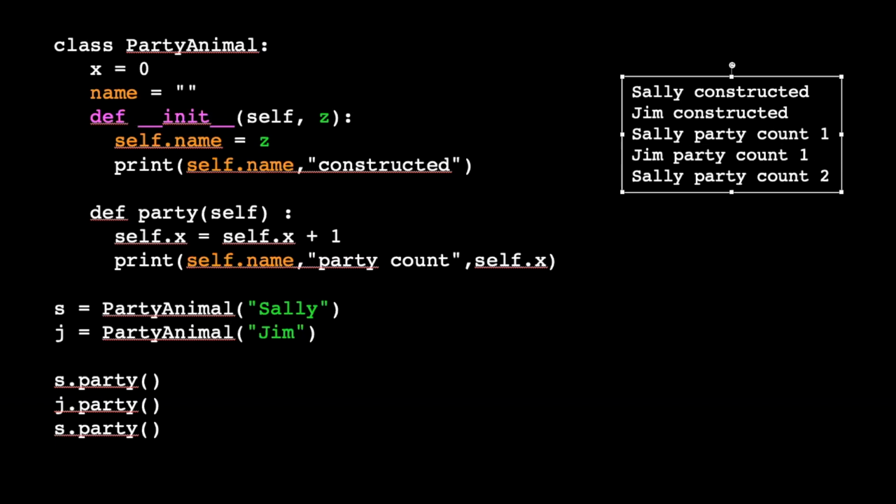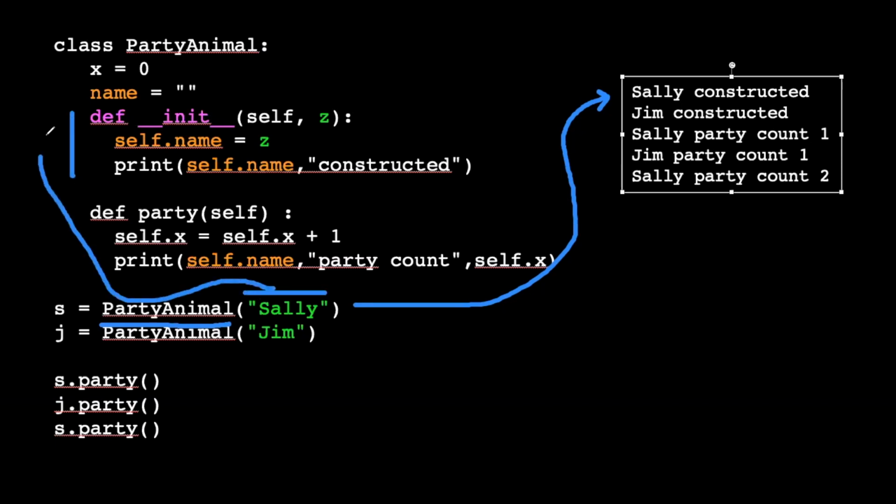What's going on here? To understand it, let's make sure that we understand where this point of contact is. This one prints Sully constructor, because when party animal is invoked, it's calling this guy right here. This is our constructor that goes into this code base right here, and sniffs the party name.